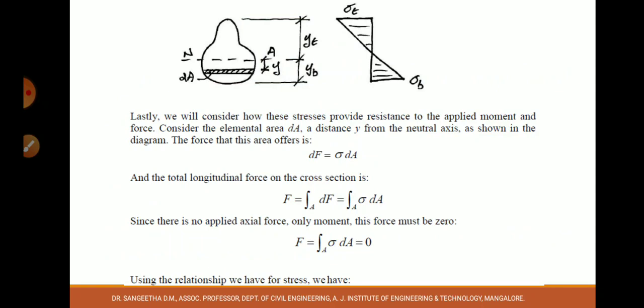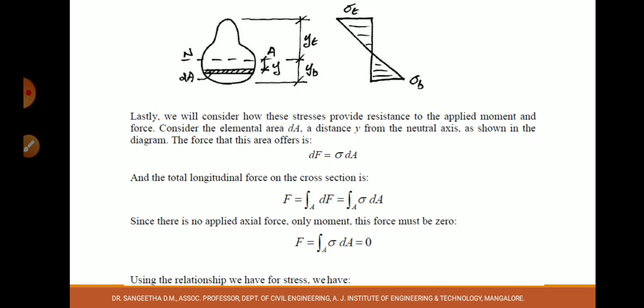Moving ahead, lastly, we will consider how these stresses provide resistance to the applied moment and force. Consider the elemental area dA, at a distance y from the neutral axis as shown in the figure.